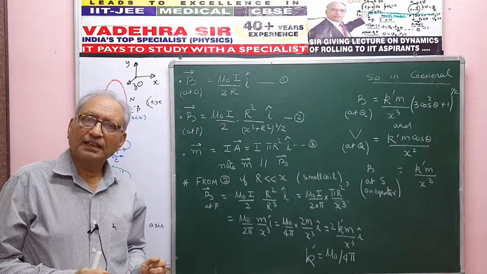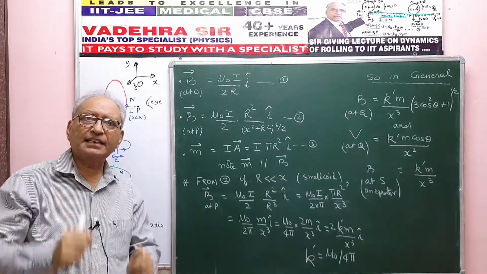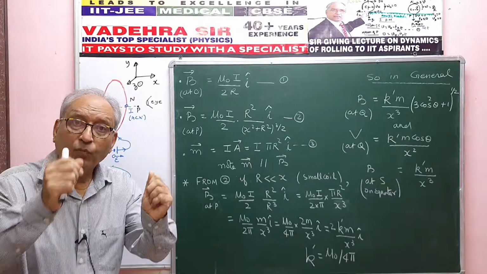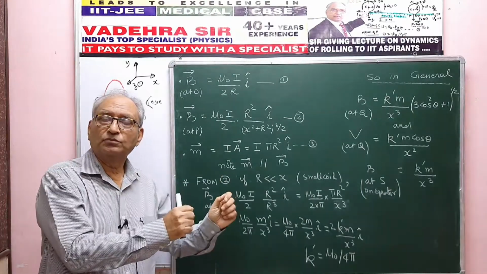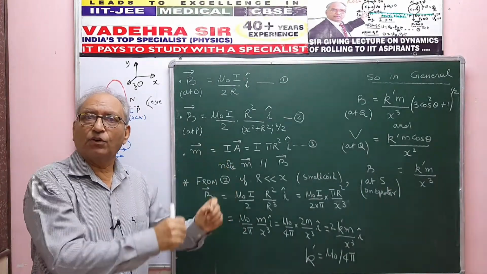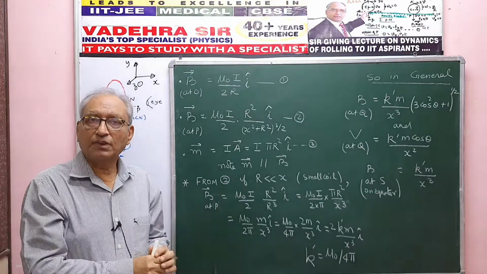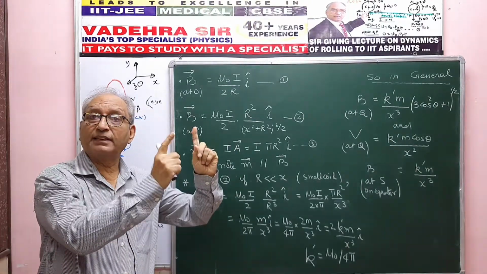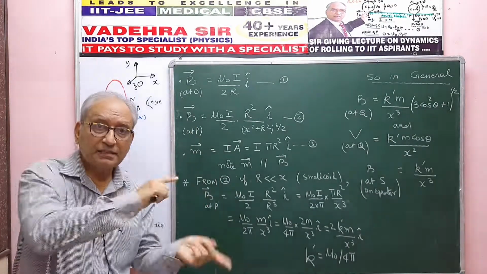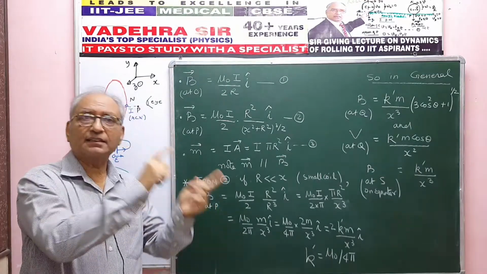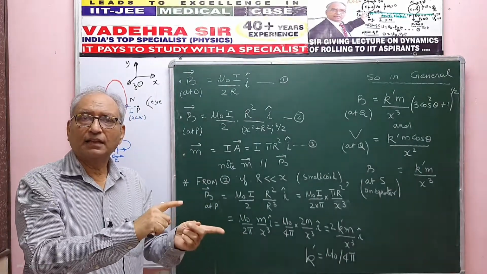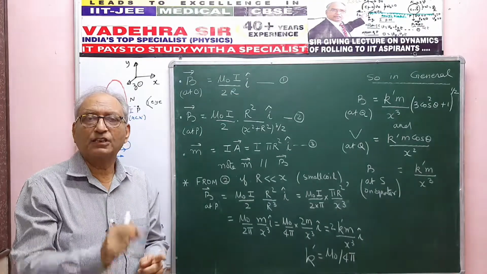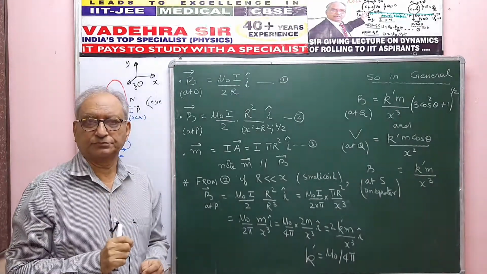But here I teach you the parallel technique, like what I taught you in my video on the electric dipole, which had the electric dipole moment P arrow. Similarly, the magnetic dipole has a magnetic dipole moment, small m arrow.